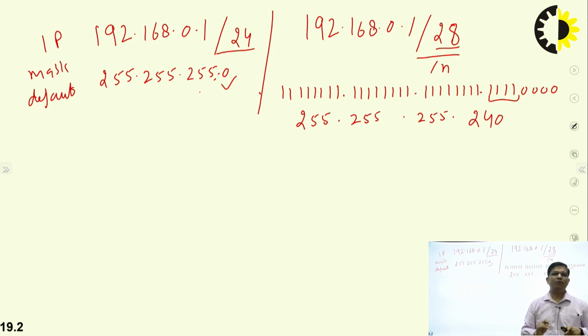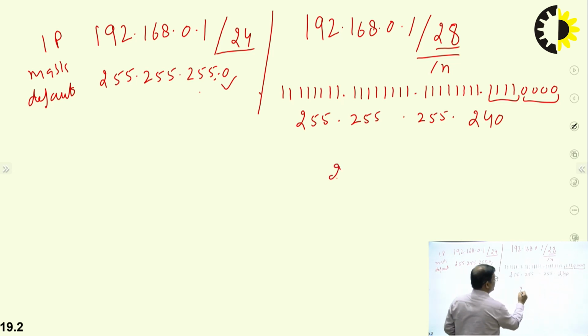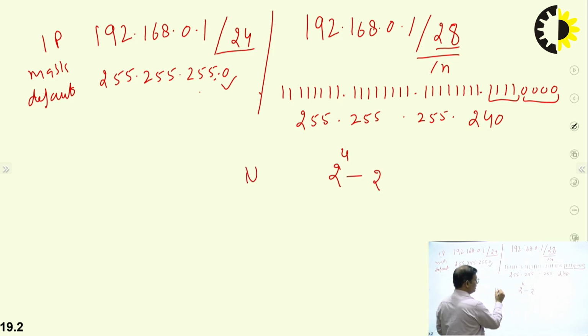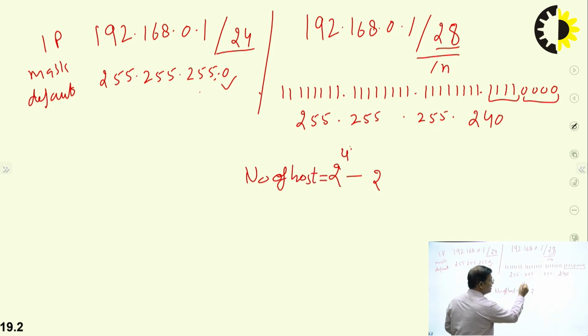How many hosts can we have in this subnet? If we take this 240, how many zeros are there? Four. So 2 to the power 4 minus 2 is the number of hosts in any subnet, where 4 is the number of zeros from the right-hand side.